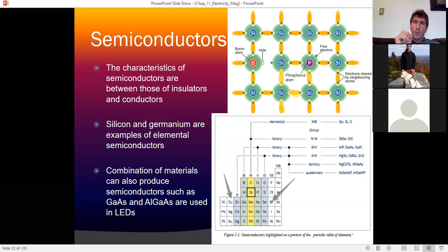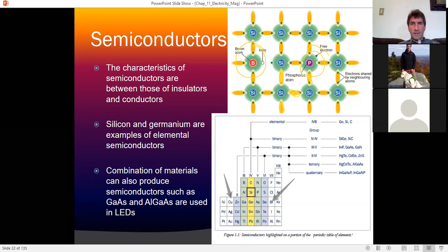In fact, what we can do is we can add impurities into the silicon, such as boron or phosphorus, to add extra electrons or to create missing electrons where electrons can jump. So semiconductors generally are bad insulators, bad conductors, but they can be manipulated with impurities so that they can be made to carry electricity.